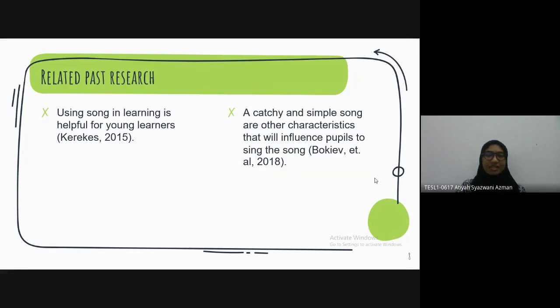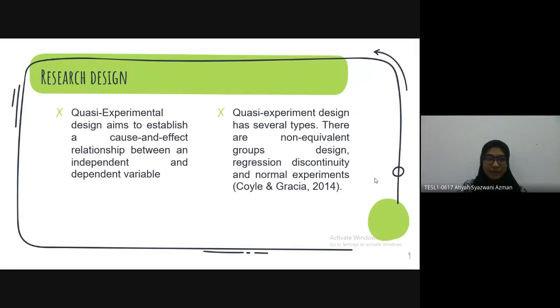Next, the research design. Quasi-experimental design aims to establish a cause and effect relationship between an independent and dependent variable. And the next one is, quasi-experimental design has several types.